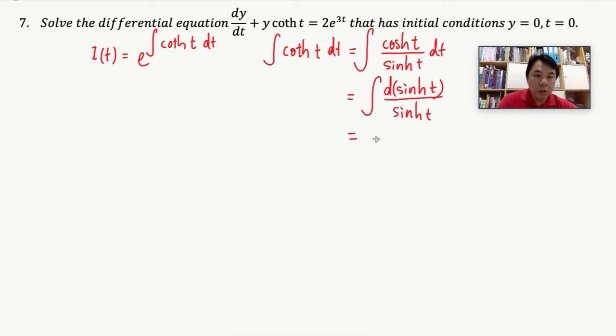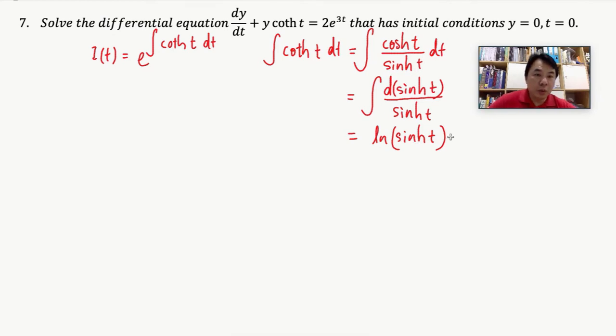So the integration of this will be the same as the natural log of sinh t. Here we don't really need to put in a modulus because our intention is on finding the integrating factor. But if you would like to explore whether sinh is a positive function, you can go ahead and sketch out the graph.